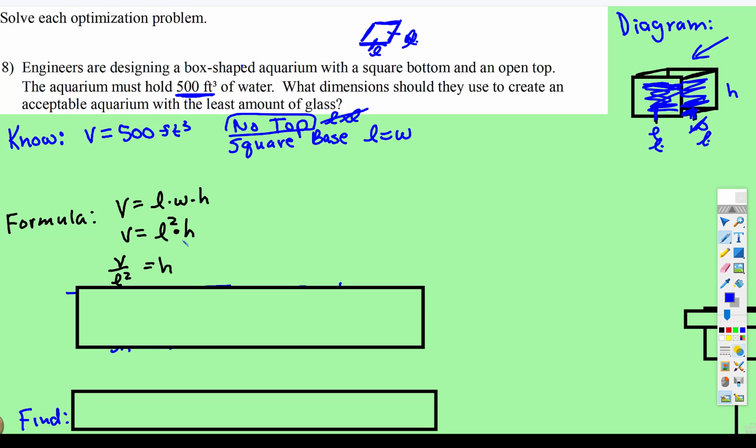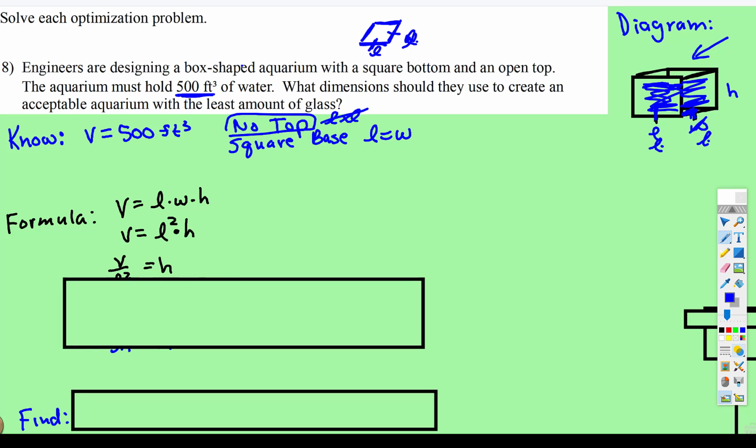What I did here first, I wanted to know what H was in terms of L. So I got the H by itself, which is volume divided by L squared. And then I substituted in the 500 cubic feet. So we want to know what H is equal to because we only want to work with one variable when we're doing all of these. And we already have our L squareds.